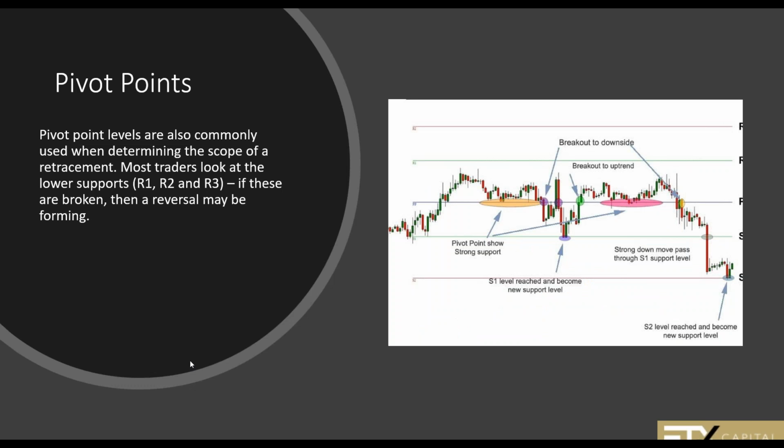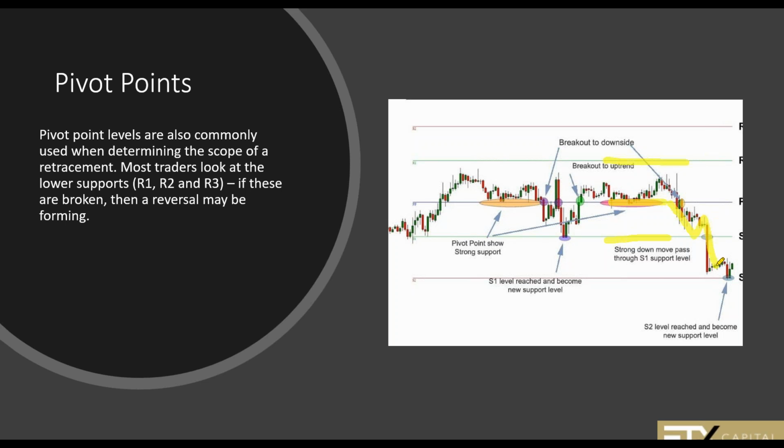Pivot point levels are also commonly used when determining the scope of a retracement. If we were to use our pivot point charts, they will give us resistance 1, 2, and 3 and support level 1, 2, and 3. And if we were to draw these on our charts, we could expect price, as it's falling, to come down to that support level, and that support level should hold it.